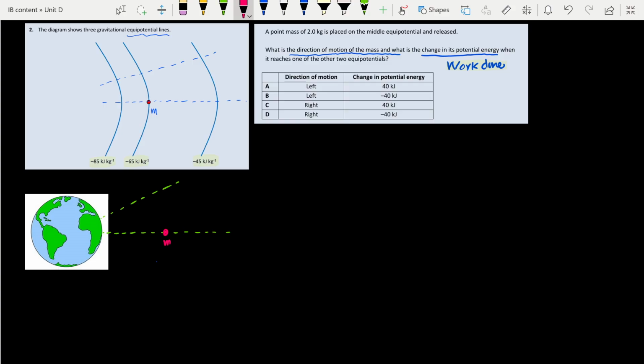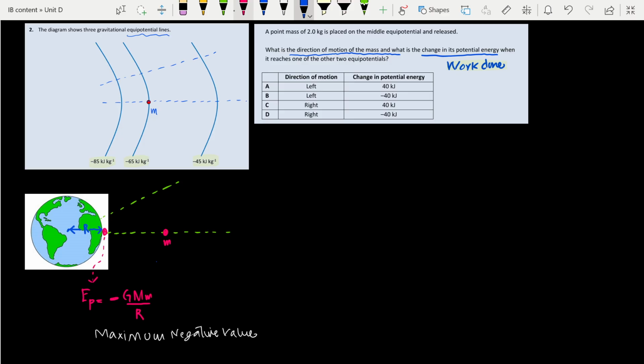So for example, if the mass is placed at this point on the surface of earth, then the potential energy due to the gravity is equal to negative GMm over capital R, which is actually, remember, a maximum negative value. And why I'm saying it's a maximum negative value, because this distance capital R, the radius of the planet, is the minimum distance right now from the center to the object.